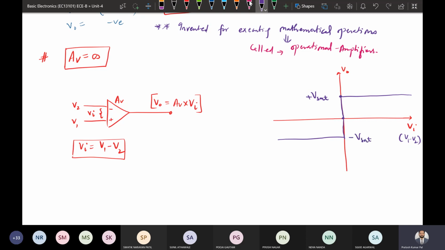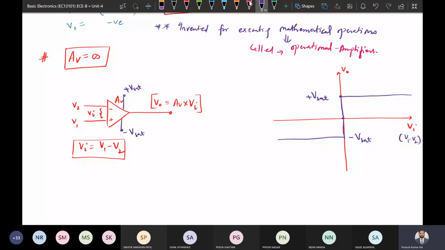So what is this V sat? We have already seen what V sat is. V sat is nothing but the biasing voltages applied to these operational amplifiers. It is not shown in the symbol, but it is there. Whatever maximum positive voltage we are applying is called plus V sat, and the negative applied voltage is called minus V sat.